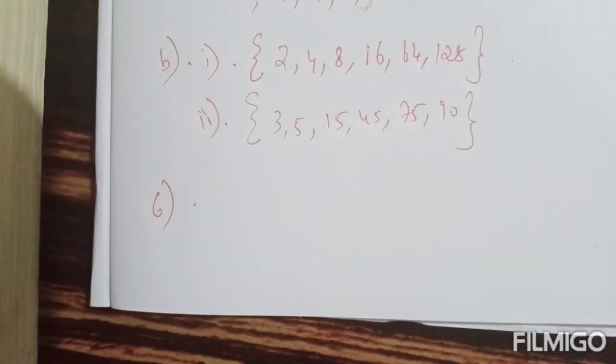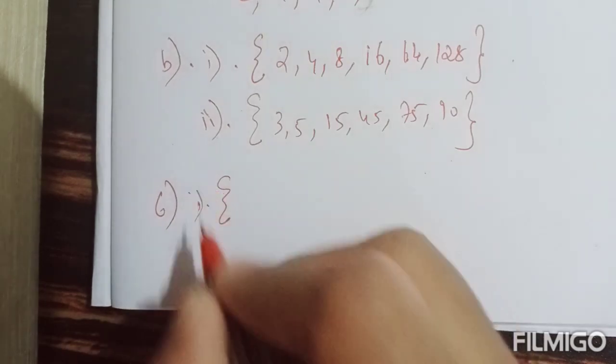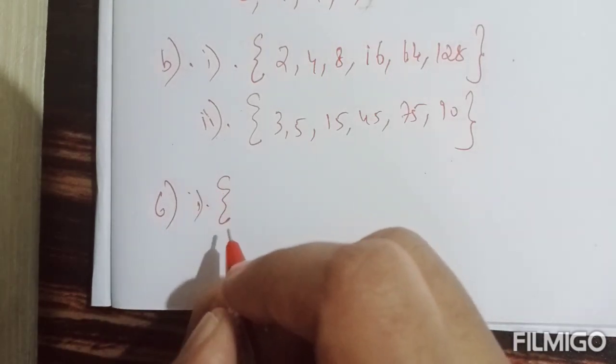Okay. Sixth question. In that first one, write the set of letters used in the word Bhopal. So you have to write the letters used in the word Bhopal in a set. We know we can use curly braces to denote a set.